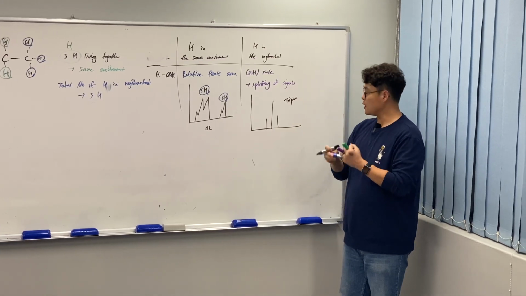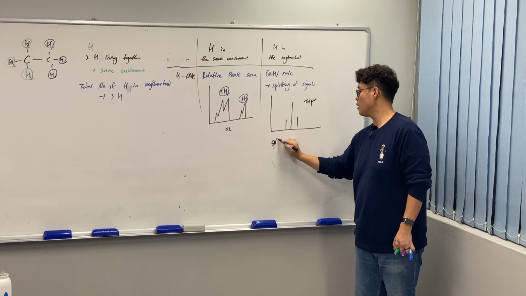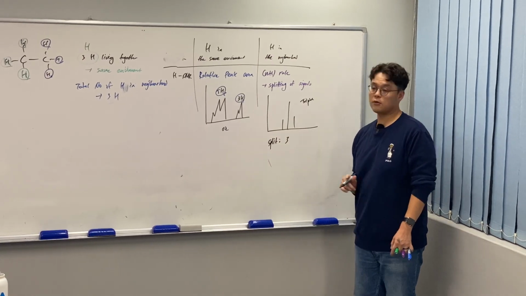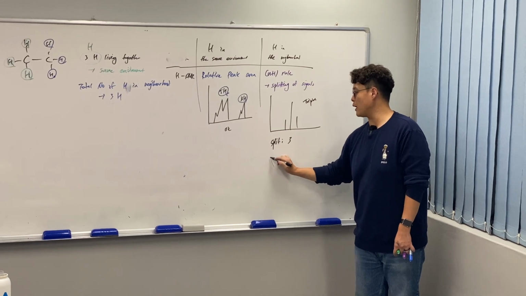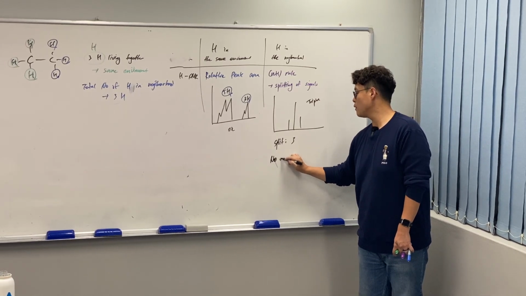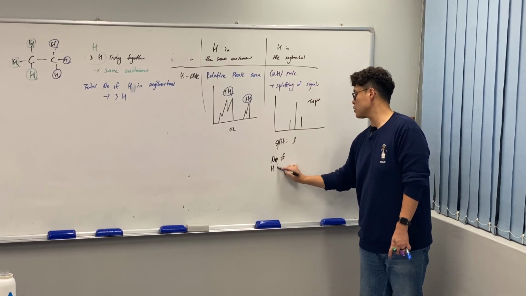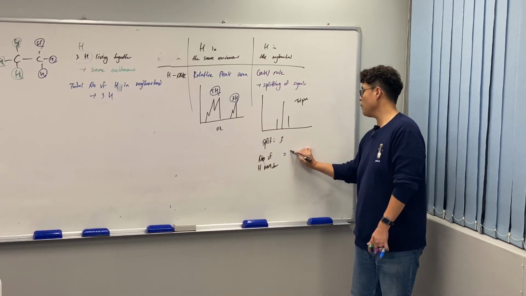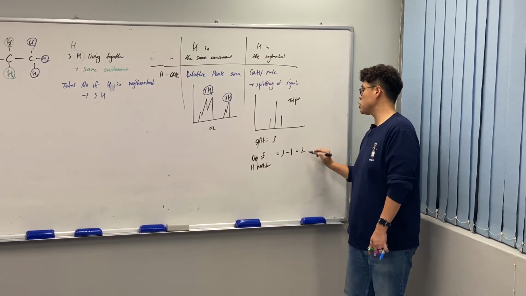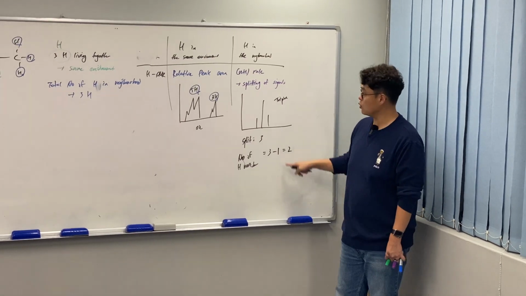Now, 3 splits are given. This means the number of hydrogens in the next door neighborhood must be 3 minus 1, giving 2 living next door.